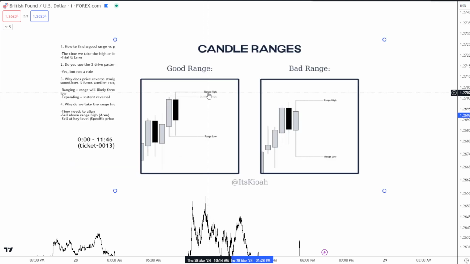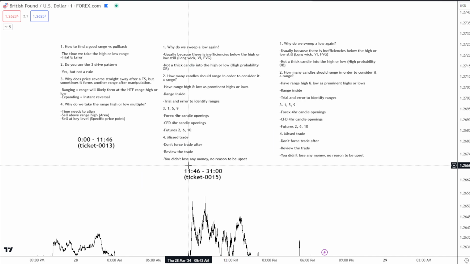Okay, so let me go back to the ticket. So how do you find a 15-minute candle? Let me also pull up this other example. I think I explained it in the video, I'm not sure.